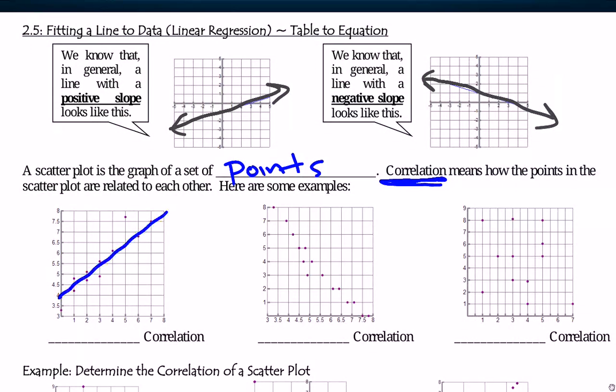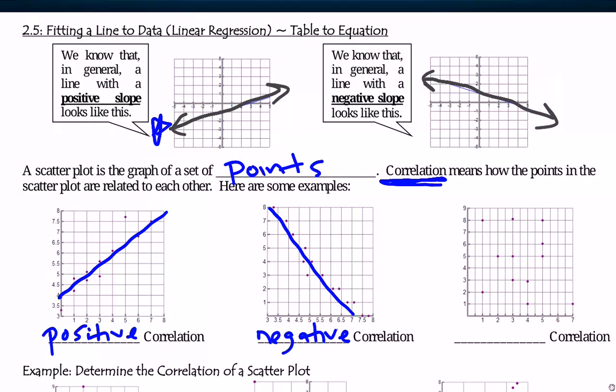They don't fit that line perfectly, but they go up in general. So that looks kind of like our line up at the top that has a positive slope. So we would say it has a positive correlation. This other one, in general, goes down, so we would say it has a negative correlation.